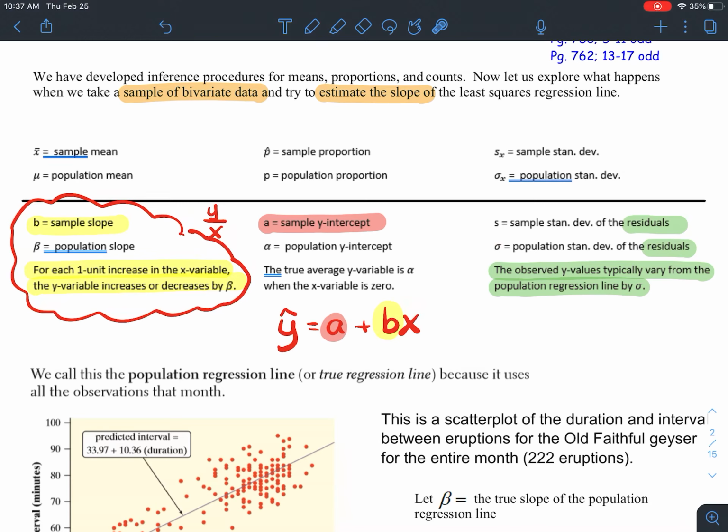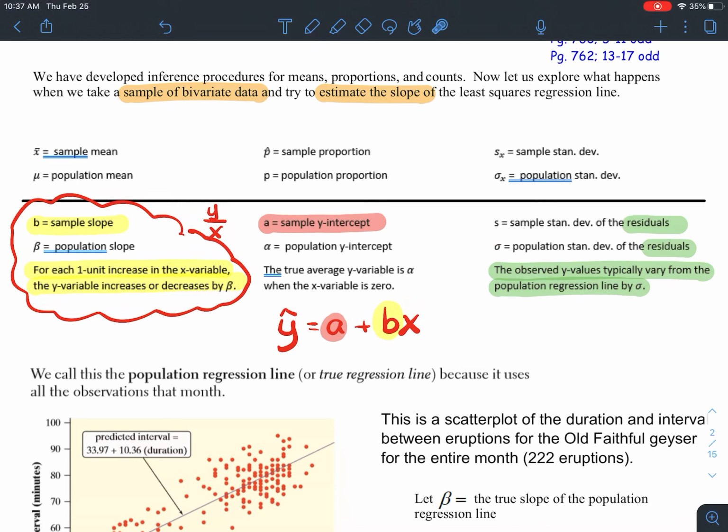You can see in each of those graphs a least squares regression line for that particular sample of 20 eruptions. And I want you to notice underneath each of those the slope for each of these 3 regression lines.